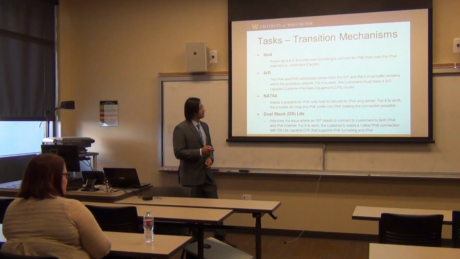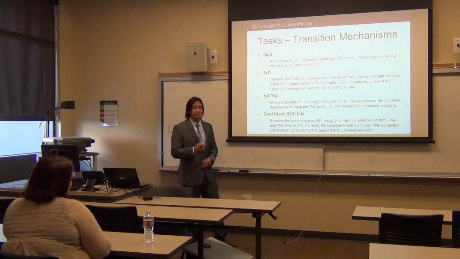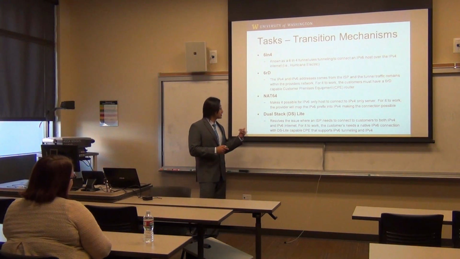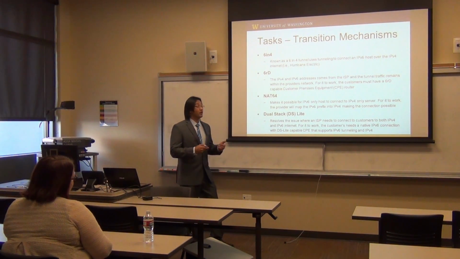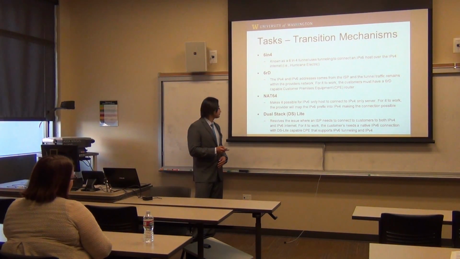But for this to work, you have to have a capable customer premises equipment, known as a CPE router. NAT64, network address translation, makes it possible for IPv6-only hosts to connect to IPv4-only servers. Again, for this to work, the provider will map the IPv6 prefix into IPv4, making that connection possible.